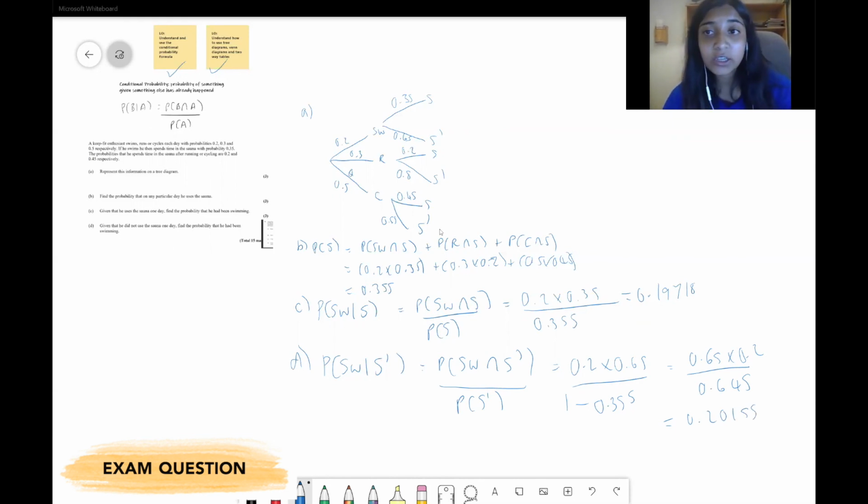So the key to conditional probability is just writing down what they've said in terms of conditional probability. So you always have the event that's given on the right hand side of your line, and everything else is on the other side. So you just use this formula here. So swimming given use sauna is swimming and sauna over the probability of sauna.